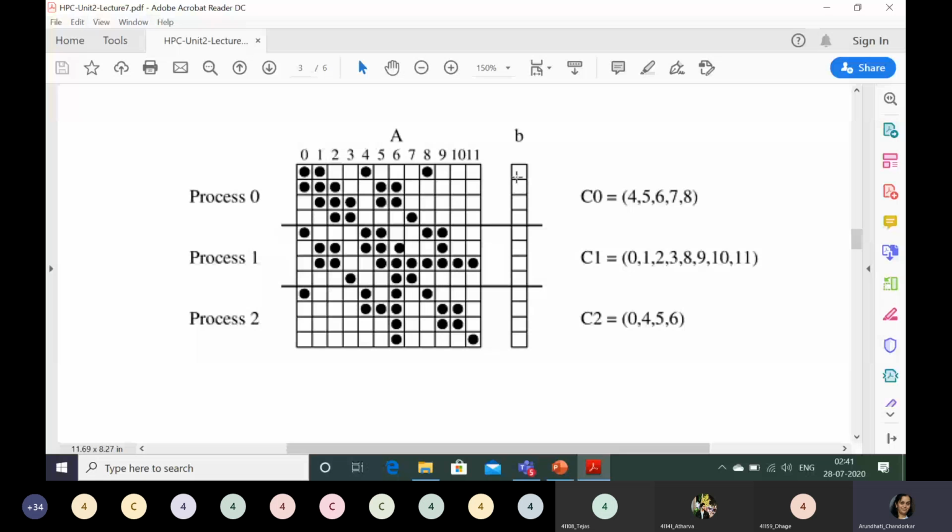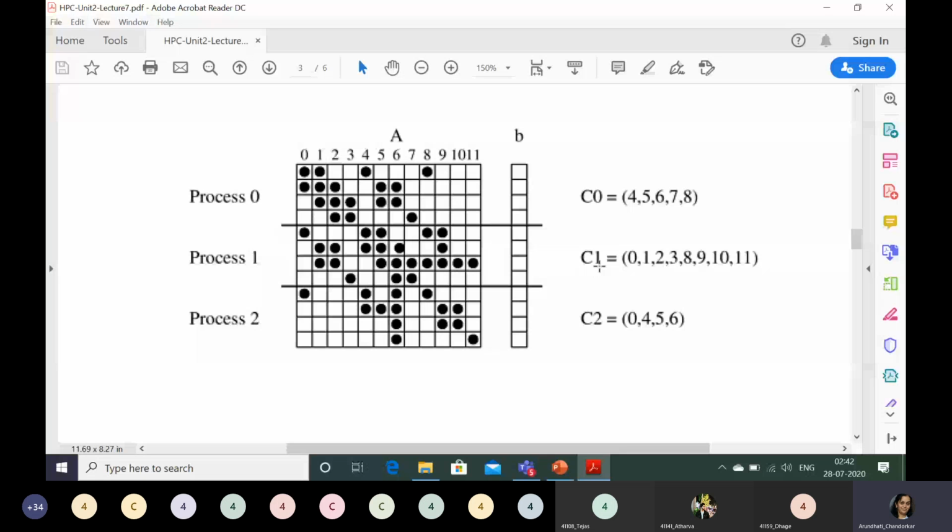So B0, 1, 2, 3 it has, and it will receive 4, 5, 6, 7 and 8, 9, 10, 11, out of which only the 8th is required in the computation, since it is matrix vector multiplication. So only 8 is stored in the list. Similarly, repeat the same exercise to calculate the list C1 and the list C2. Again, I will show it for C1.